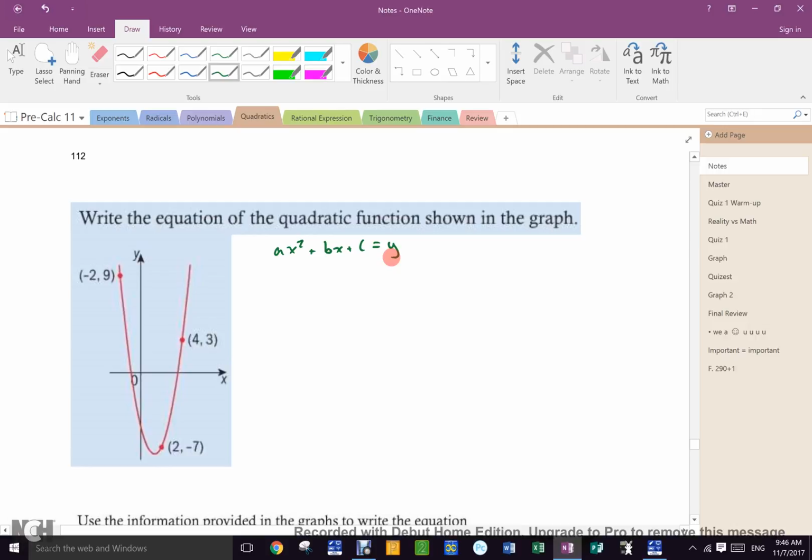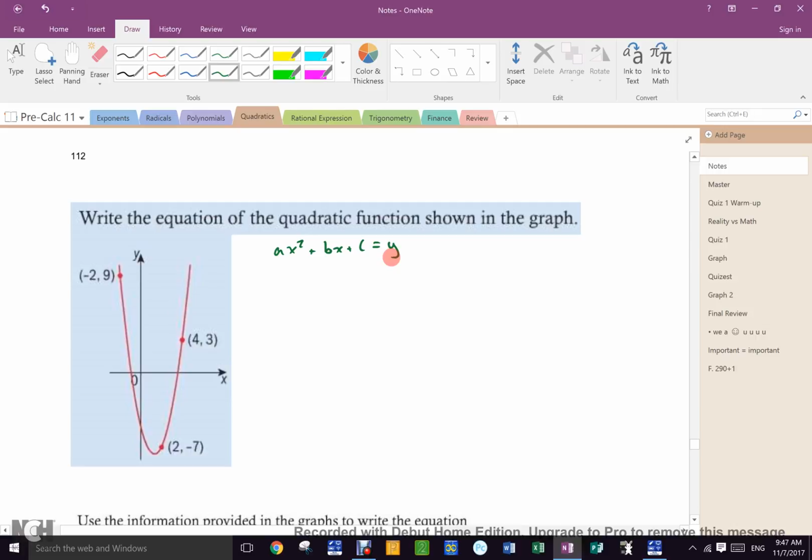All right. What do I have in abundance on this question? What do I have all over the place from this graph?